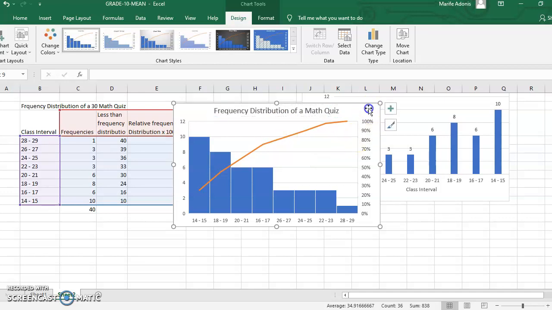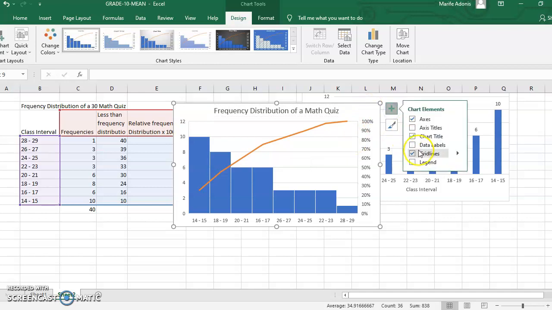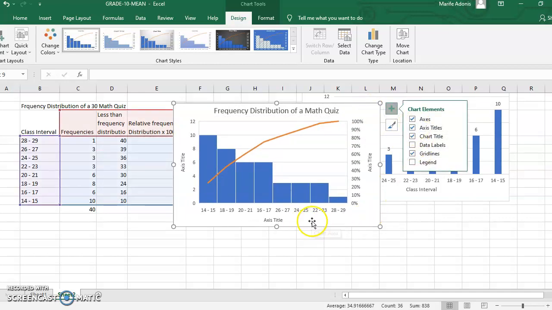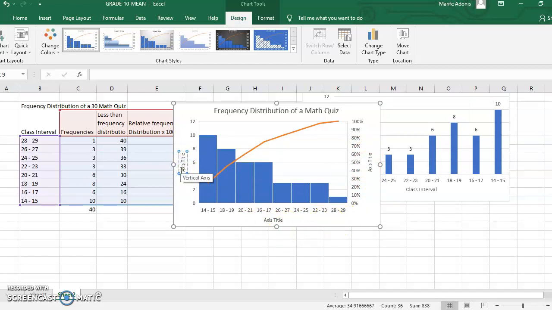And then, we will add this. Okay, so, meron na tayo ngayong tatlong axis. Dito sa left side, ito yung ating frequencies. Alright. Dito naman, yung percentage distribution. No?